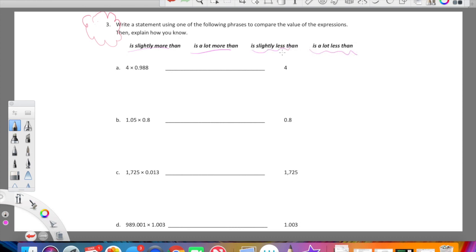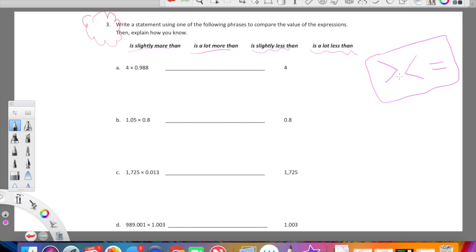And we have 4 different expressions here, and instead of just the basic greater than, less than, equal to, no offense, these are great symbols, but we're taking it up a notch, and we're considering, is it a lot more than?